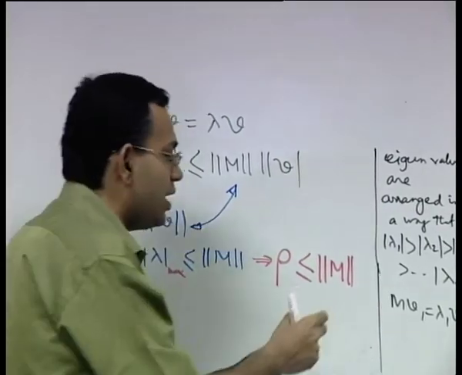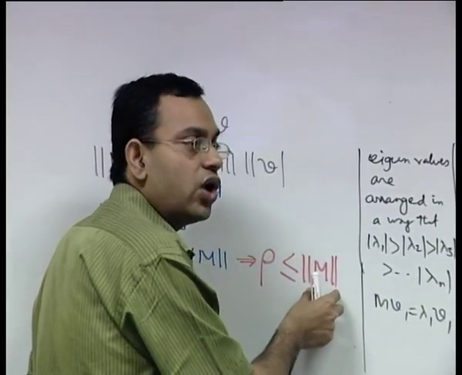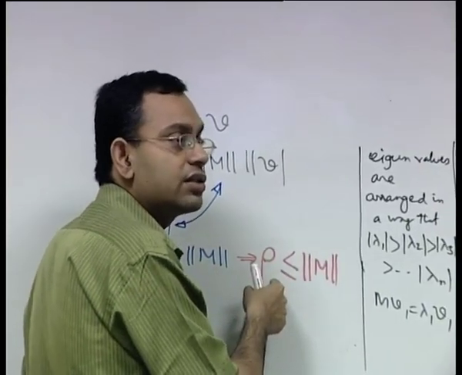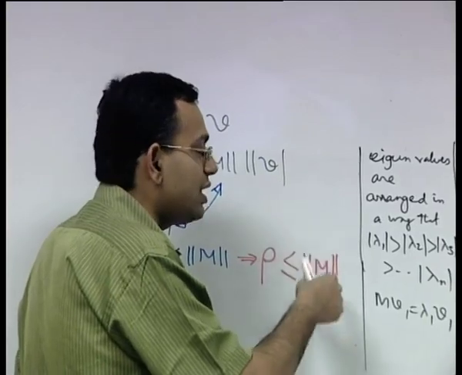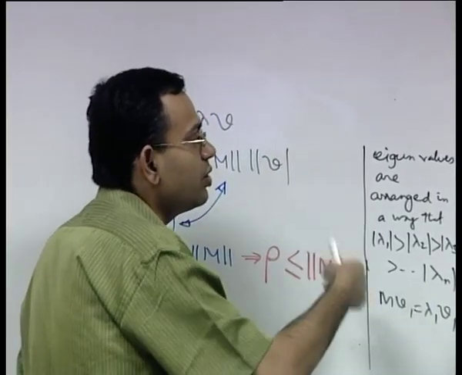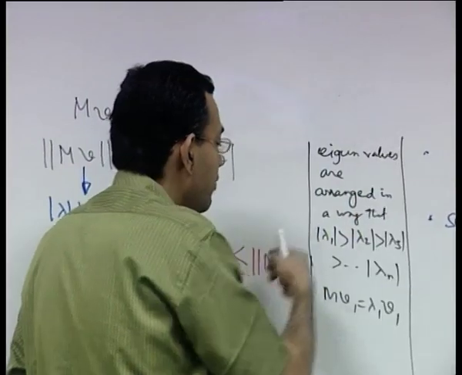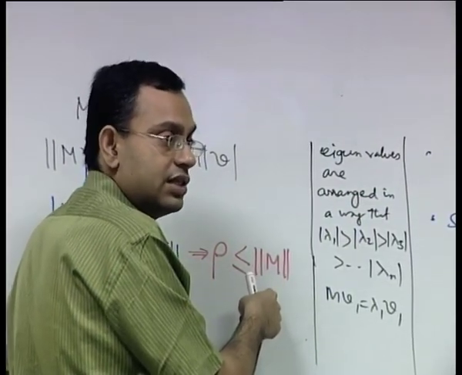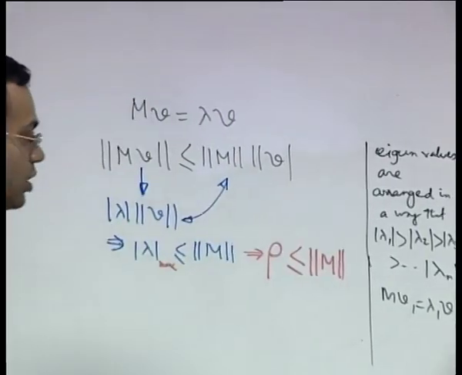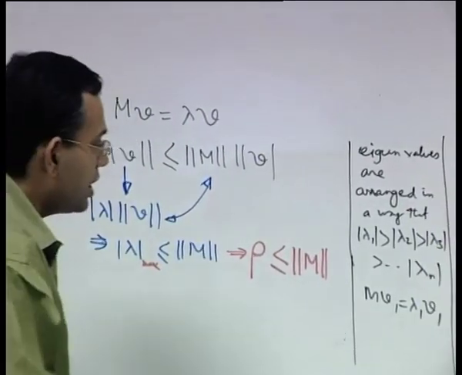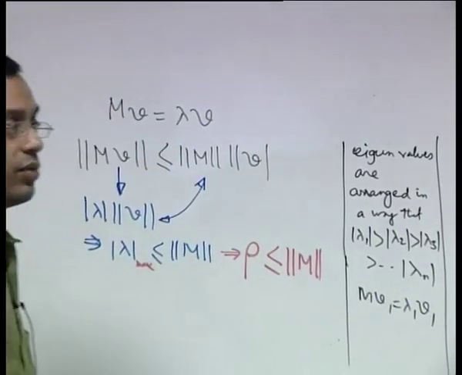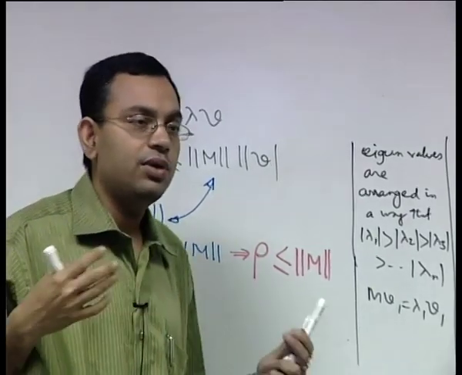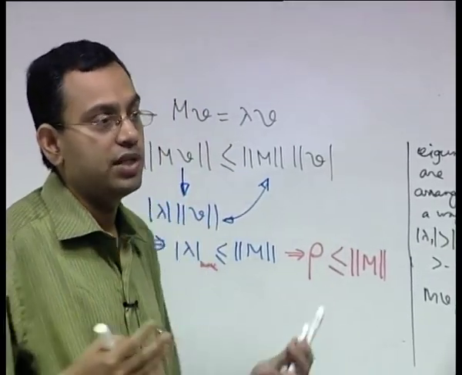So if you can have an estimate of the norm of M, then that is good enough to give you a bound of the spectral radius of convergence, and that can in effect be substituted in place of the eigenvalue representation to get an estimate of the characteristics of convergence. Okay. Now when you say the norm of M, again the question comes, which norm? We have seen that there can be several types of norms possible.